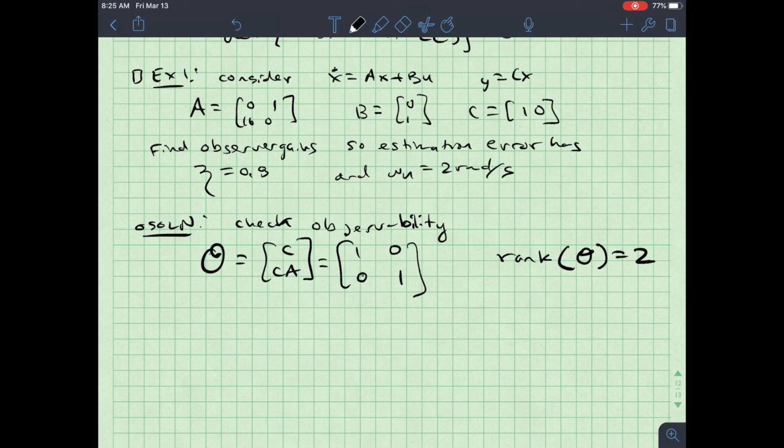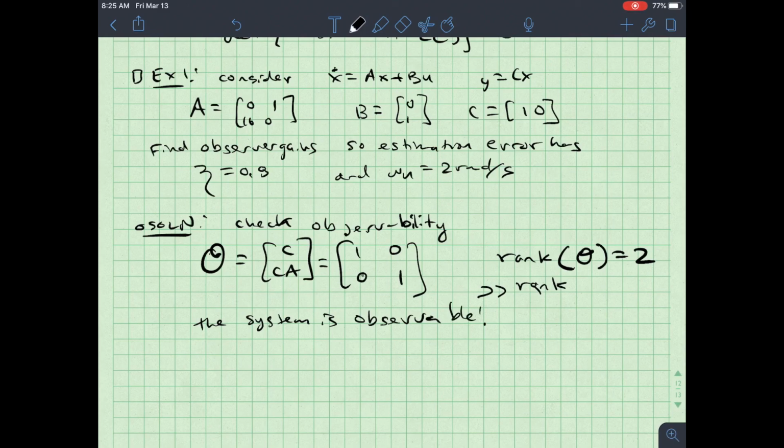Of course, you could do that in MATLAB or Python, if you use the control systems toolbox that you can download for Python. You can find the rank by using the command rank. So since the rank is equal to the number of states, the system is observable. If it wasn't, this would be a real short example.